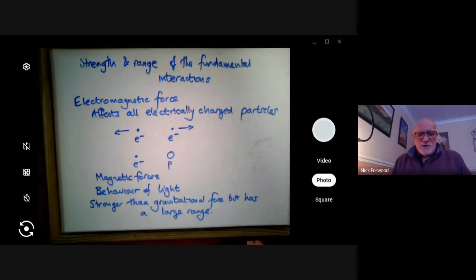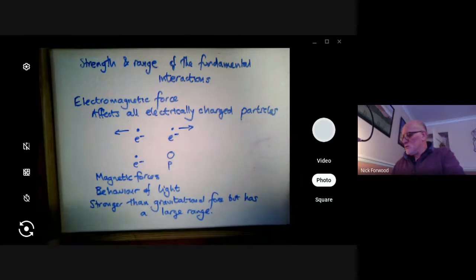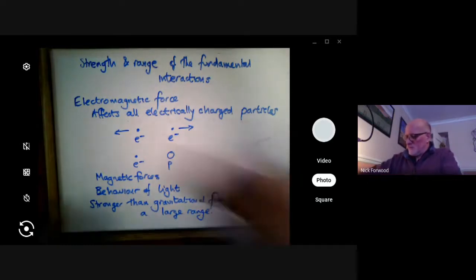Okay, so that's the second one of our four fundamental forces. What are they? What do they do? How strong are they? What's their range?